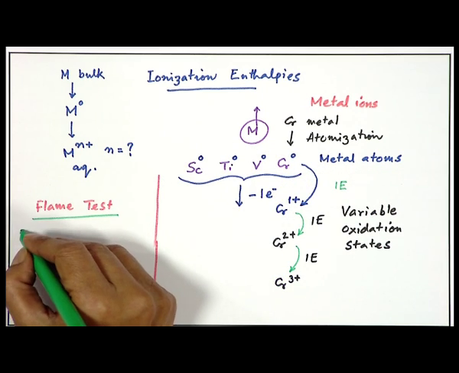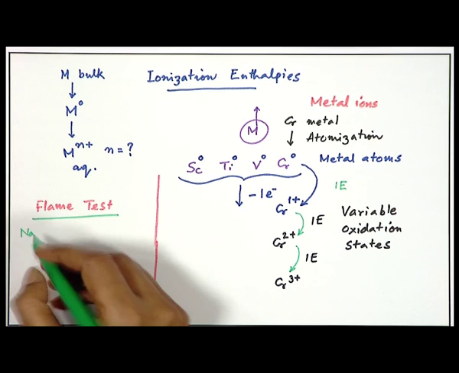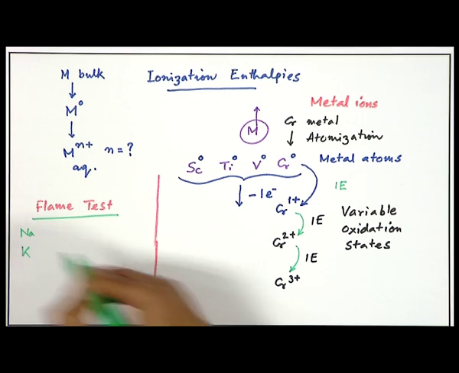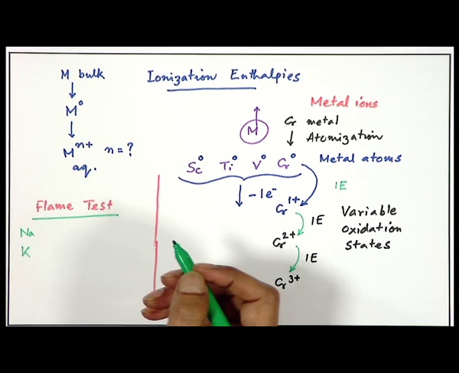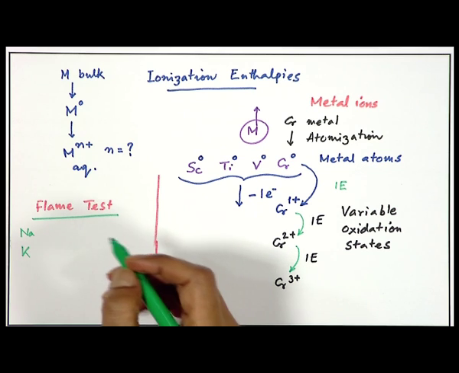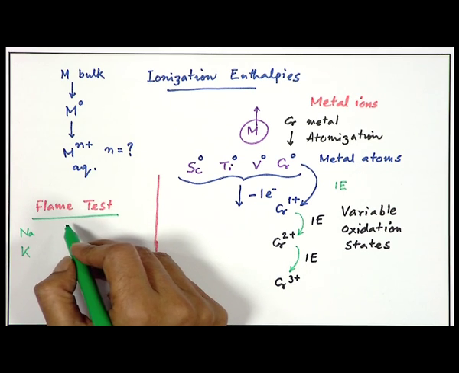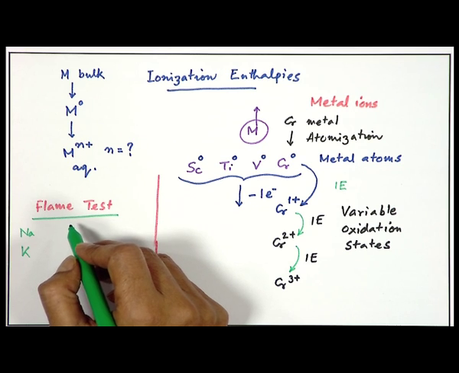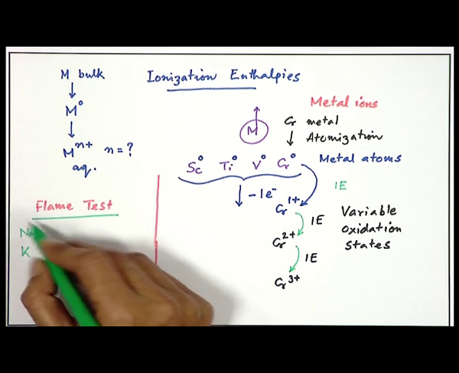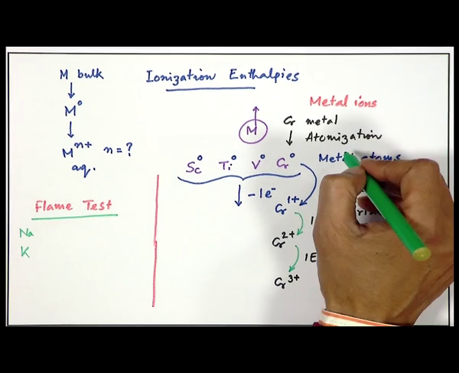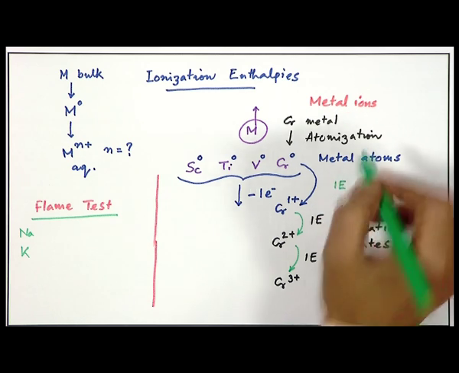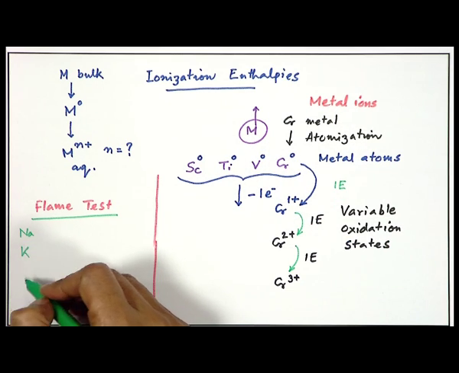Flame tests are very useful to know whether any unknown sample contains sodium or potassium or any other characteristic metal center which can give rise to color within the flame of a Bunsen burner or any other burner. Sodium and potassium are very easily atomized, that means the atomization process for these alkali and alkaline earth metals is very easy.